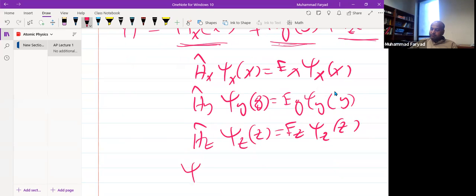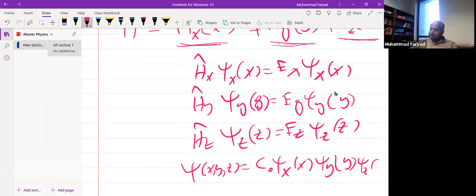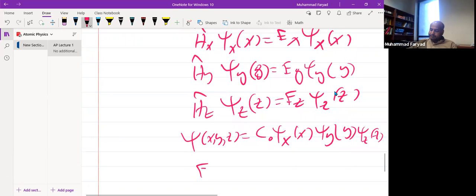So the total wave function psi(x,y,z) is just some constant times psi x, psi y, psi z, and the total energy is just the sum of the three energies.